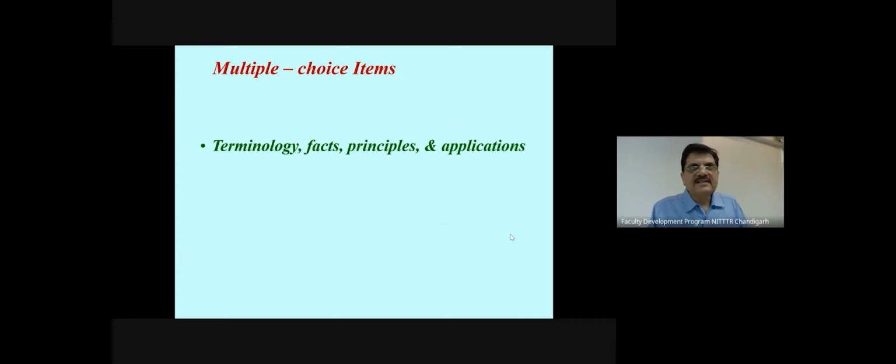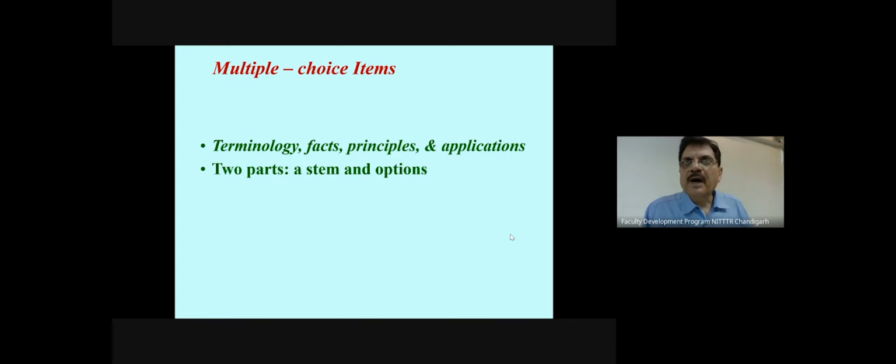These are used to test students' ability in regard to terminology, facts, principles, and applications. Terminology भी है, basic facts भी, यानी all learning outcomes can be measured by multiple choice questions.